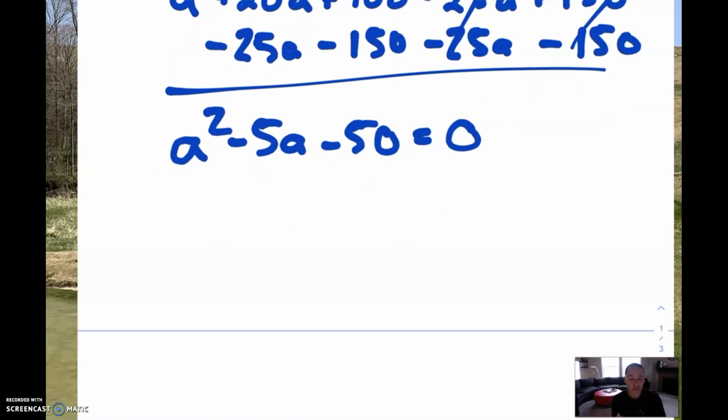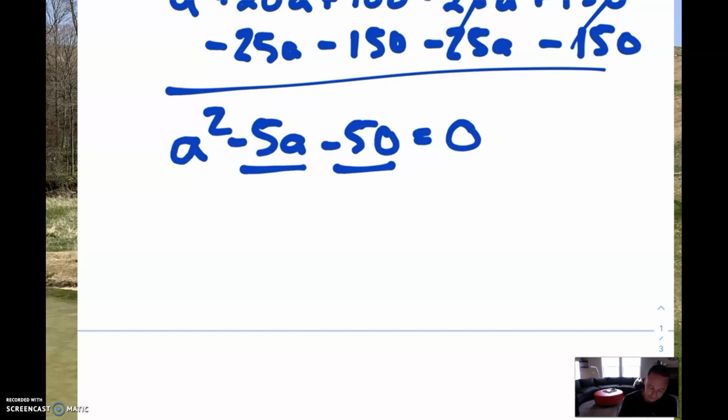Now, we can solve this using a couple different methods. You could use the quadratic formula, we don't want to do that right now. You could complete the square. You probably forgot all about that one. Or we could factor it. That's going to be the easiest one if it works out. So we want to look for a set of numbers that multiplies to negative 50, but can add up to a negative 5.